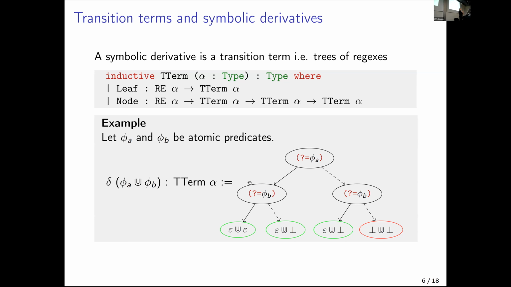And if you think of starting from the root of the tree, evaluating the condition based on whether it is nullable or not, and then taking the right path if it is, or taking the left path if it's not, we will essentially get epsilon as the next state if either of the disjuncts is nullable. And then the fourth, the red leaf here corresponds to the state which has the bottom expression, meaning that neither of the disjuncts are nullable.